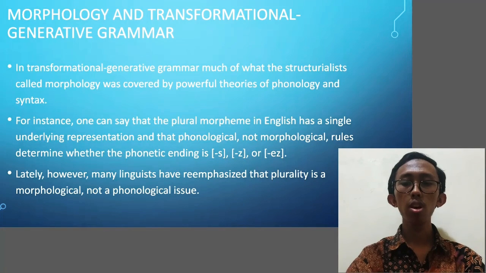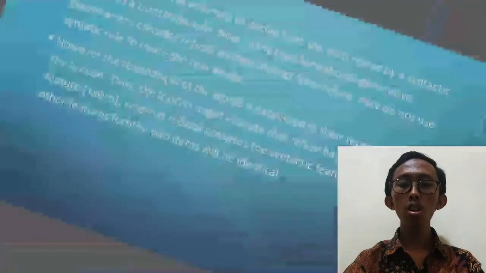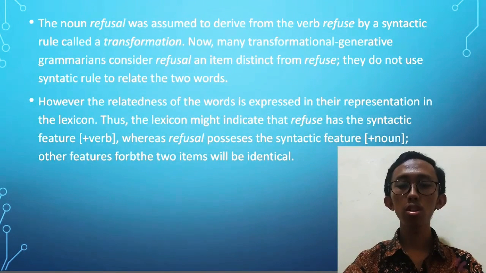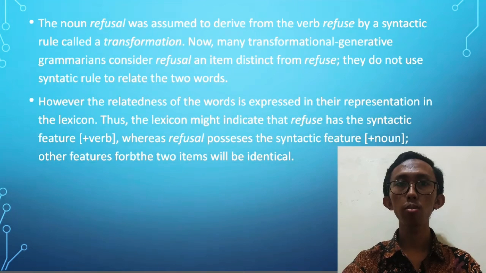Lately, however, many linguists have re-emphasized that plurality is a morphological, not a phonological issue. Other morphological phenomena were treated in transformational generative grammar as part of syntax. For example, the noun refusal was assumed to be derived from the verb refuse by a syntactic rule called a transformation. Now, many transformational generative grammarians consider refusal an item distinct from refuse.